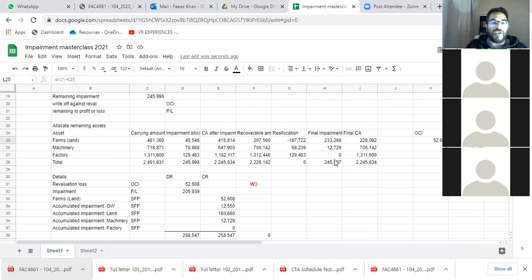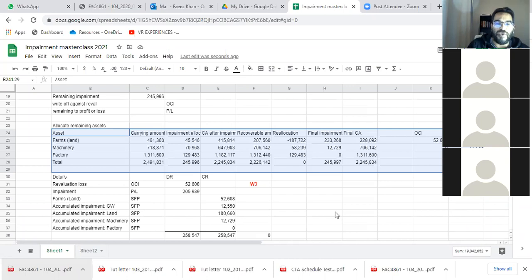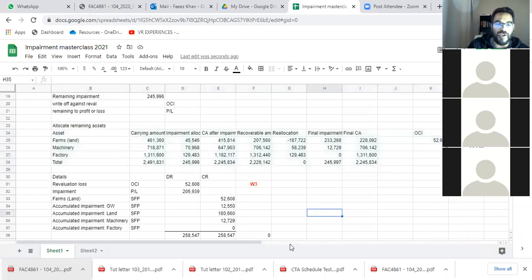I don't know how strict UNISA is. Let's say you stopped over here. Some universities, if you stopped over here, you can see it's 100% correct, but you'll still get straight 0 because they didn't ask you for the impairment calculation.